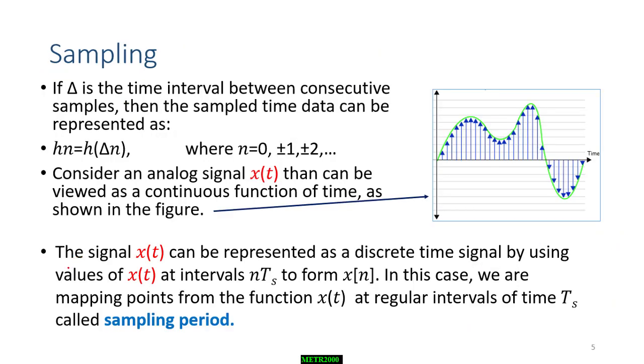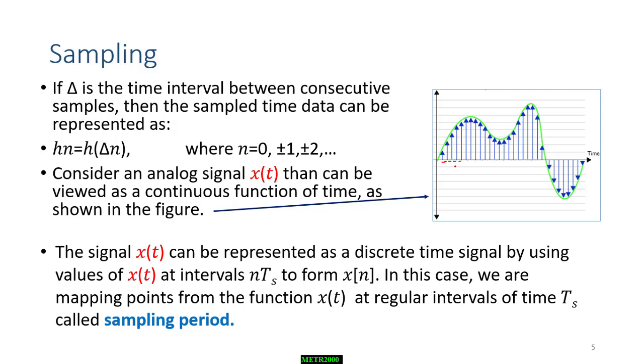What do we mean by sampling? Consider this analog signal in green. If we want to convert it to digital, we need to take samples at some interval times, at a constant interval time. The smaller this interval time, the more samples we get.